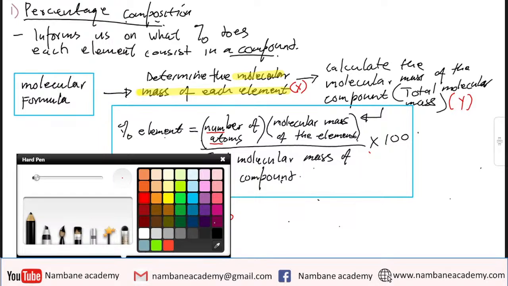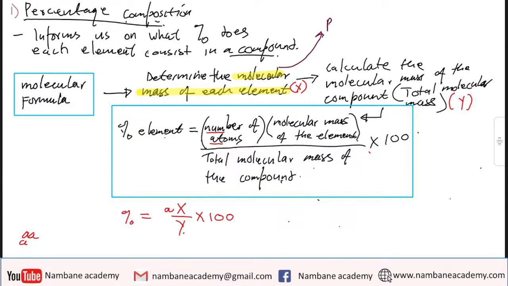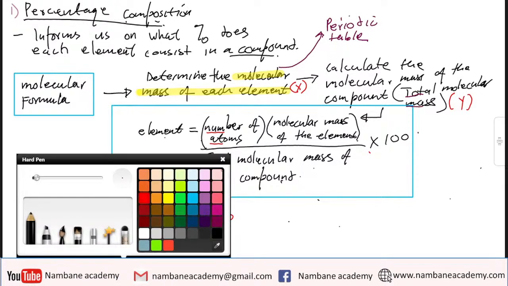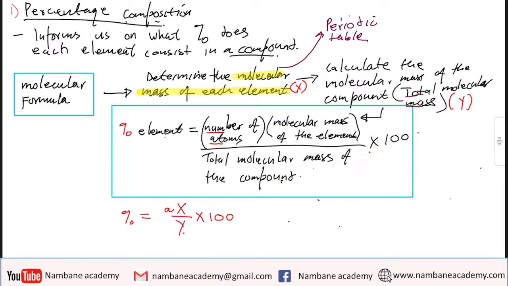So the periodic table will give us the molecular mass of each element. Immediately thereafter, we calculate the total molecular mass, and we put it in this fashion of saying percentage of the element. So it will depend on which element I am referring to.